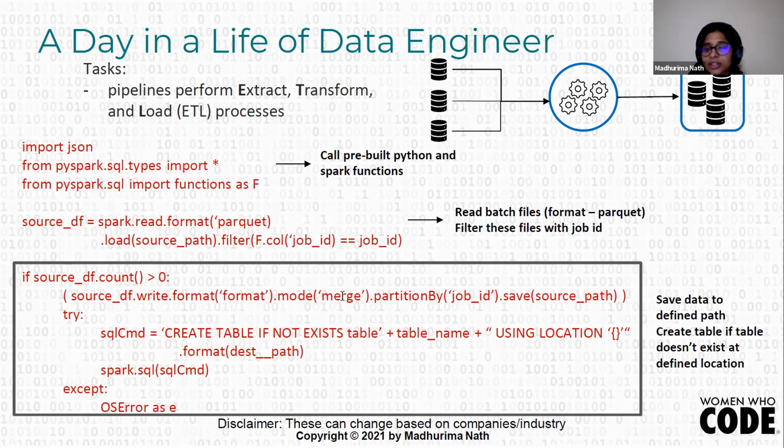I want to merge it. Then I want it partitioned, so I'm defining the job ID, and then I want to save it. And then run the SQL command, create the table. If the table already exists, then it's fine. If it does not exist, create the table, add the table name.